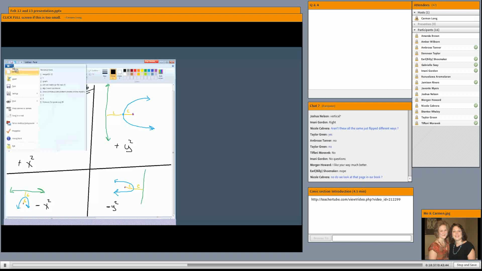So let me go to the next thing and kind of show you what you are... before. You've seen this before. Y equals, this is the one part you probably have not seen. And we're going to find that with this C value here.